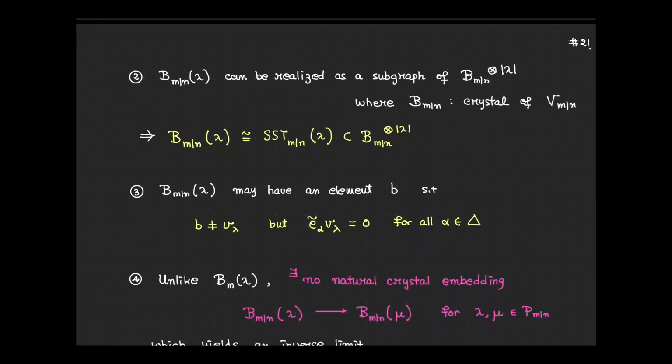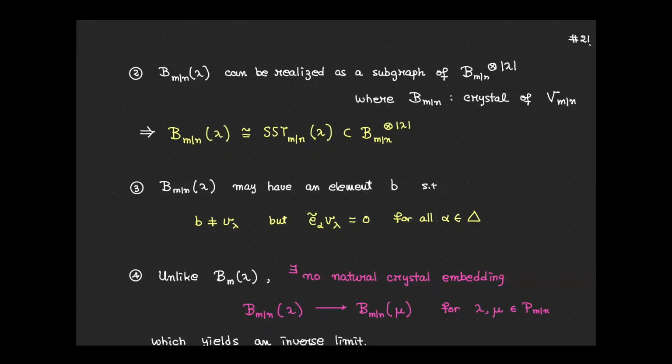And the proof that the crystal of this irreducible polynomial representation is isomorphic to the crystal of semi-standard Young tableaux goes as follows. I have to say that this has an abstract crystal structure, so it can be defined inductively by applying the tensor product rule. If you are familiar with the crystal theory of the usual Kac-Moody algebra, the way we define the crystal structure here is the same as in the case of the usual Young tableau.